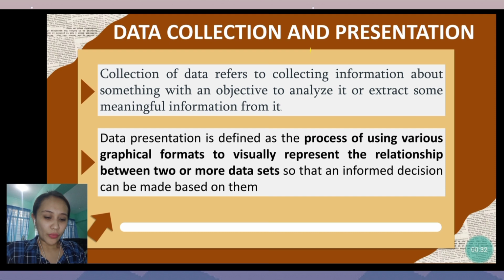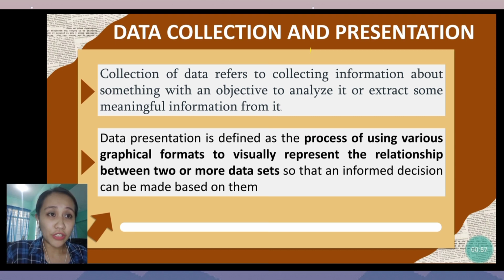Before we dig deeper into this topic, let's discuss first some important terms or concepts before we proceed with the computation or other parts of data collection and presentation. So, let's define first collection of data.